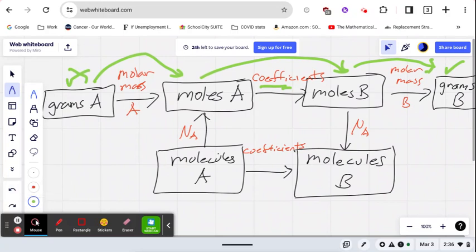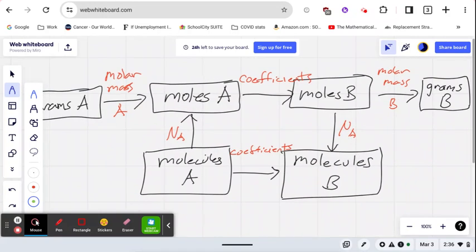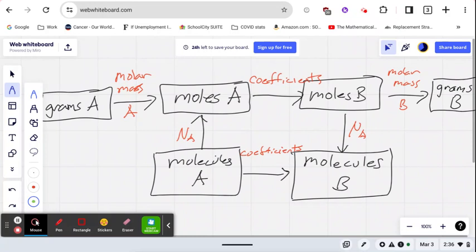Let me go ahead and get rid of all the writing that I put up here. All right, so this time, what's different is that you want to find out how many molecules you can end up with.